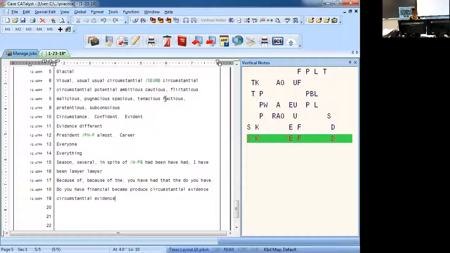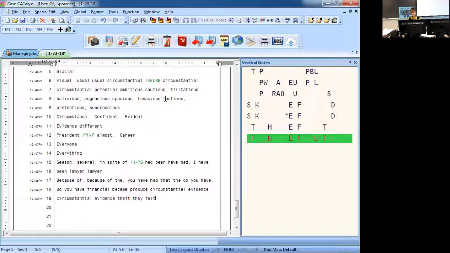You have number 8, they felt, THEFLT. THEFLT is they felt. You have conviction. Kwix with an asterisk, conviction. Make sure you write these down. You have substantial is stanal.